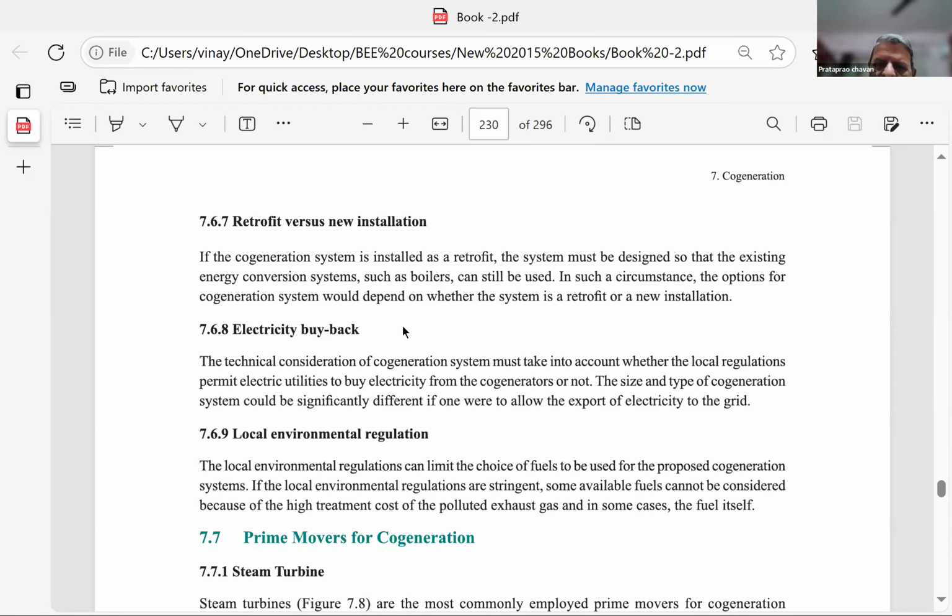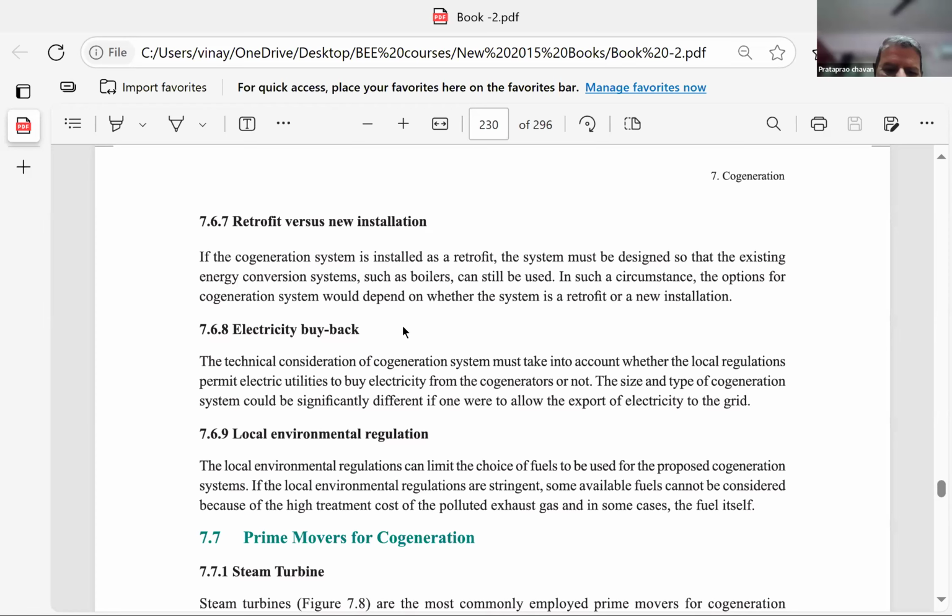Either we will pay you or we will return the number of units you have given to us. So, cogeneration plants can have surplus power with a provision to sell it to the government grid. So, there is no danger in designing a cogeneration plant having slightly higher capacity than the requirement of the factory, provided the factory owner is ready to invest in the capital cost of a higher capacity plant.